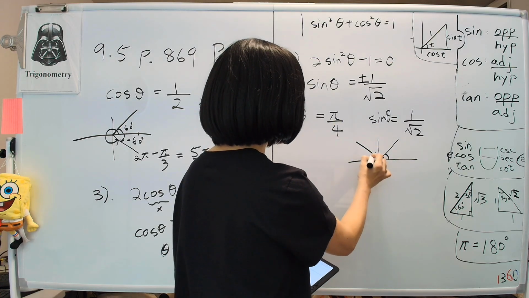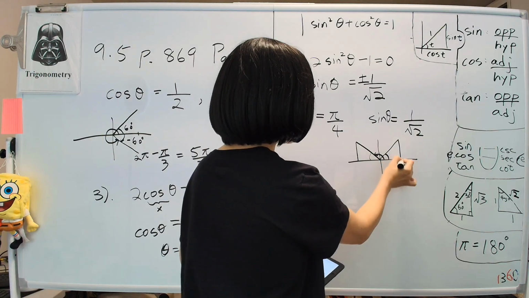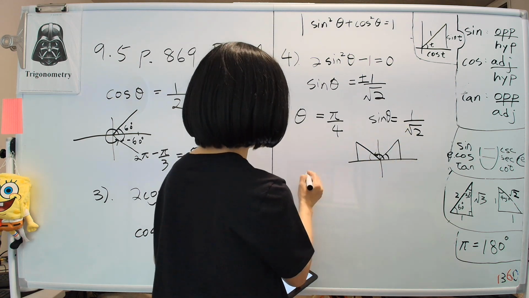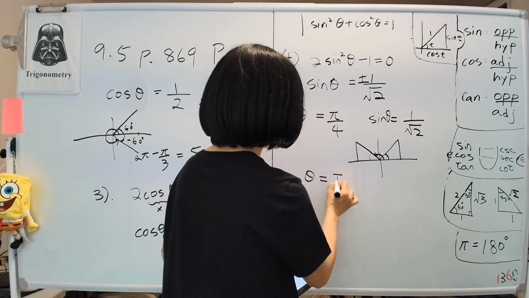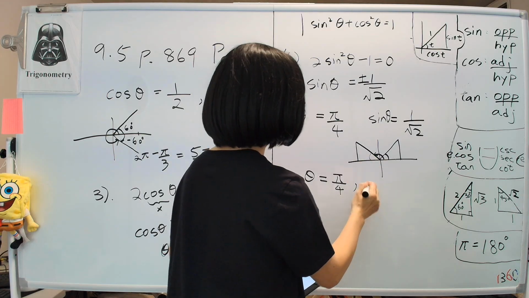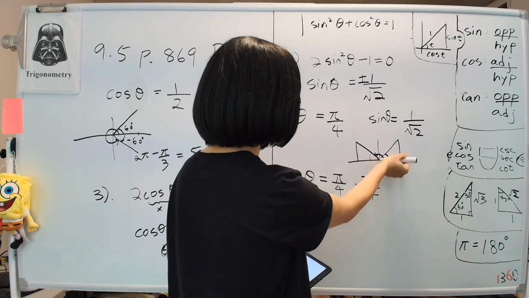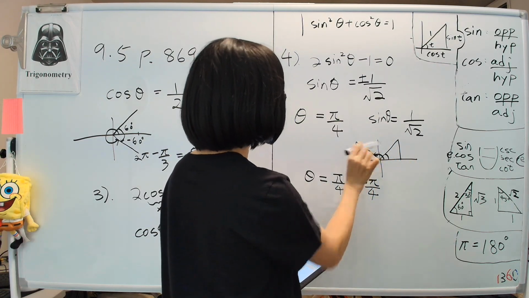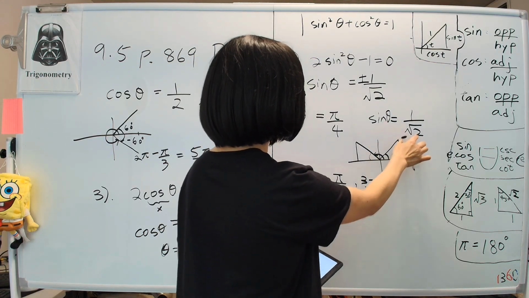Sine is opposite divided by hypotenuse. Therefore theta for the positive value is pi over 4, the one we already have, and over here, which is 3 pi over 4. Because this is pi over 4, 2 pi over 4, 3 pi over 4, and down here will be 4 pi over 4, which is pi. So these two are for sine theta equals the positive 1/2.